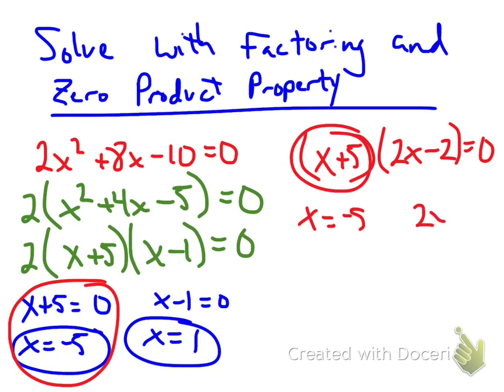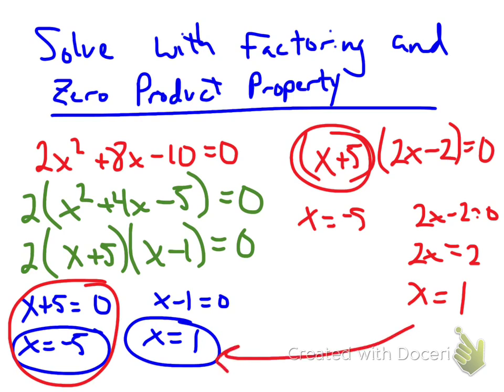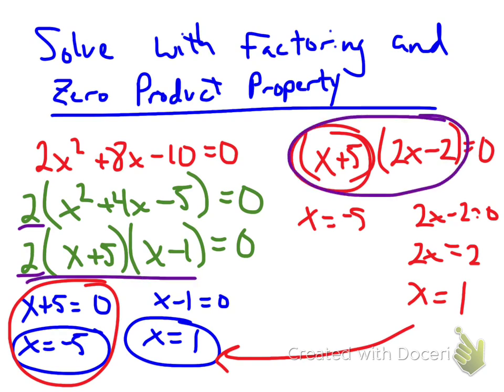And if I have 2x minus 2 equals 0, I'm going to add 2 to both sides and divide by 2, and I get x equals, again, a positive 1, which is the same here. So whether you factor completely and do your zero product property, or when you're doing zero product property, if you do not factor it completely, you still get the same x-intercepts.